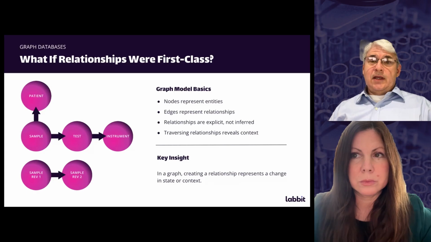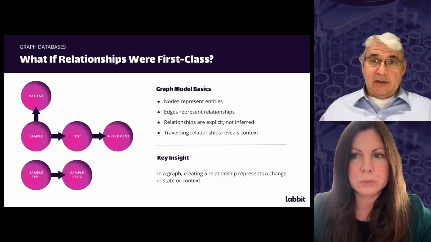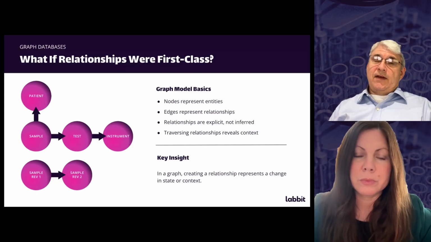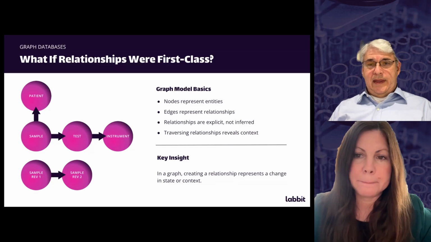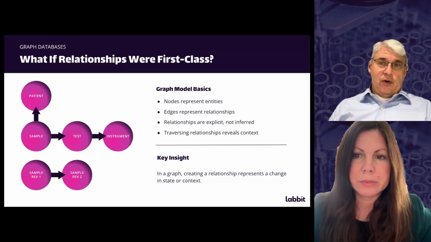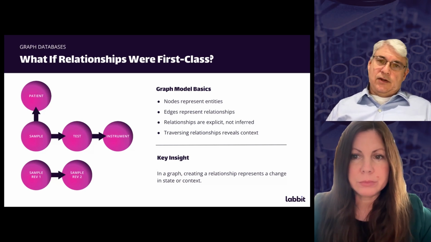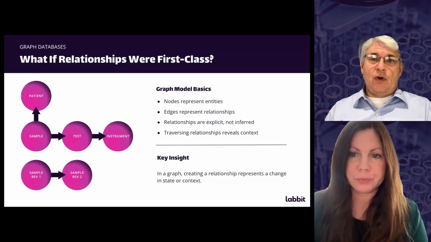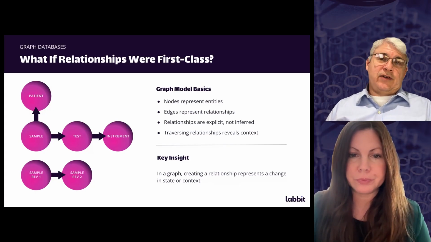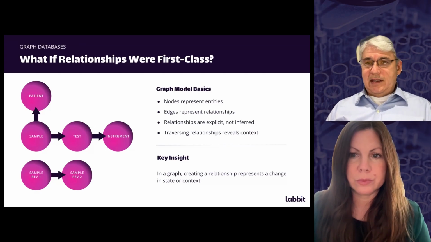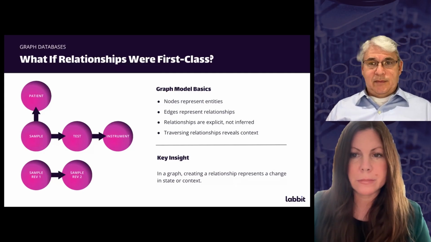Another type of relationship is what's called a revision relationship. Say you have a sample node, and that sample changes over time. You can have one node that represents that sample at one point in time, and another node that represents that sample at a different point in time, with the relationship being that node 1 was revised to be node 2. That's how a graph database tracks status changes over time, those kinds of state transitions, by having different nodes for each point in time and a relationship between them.